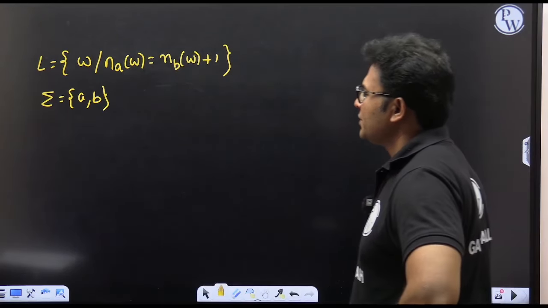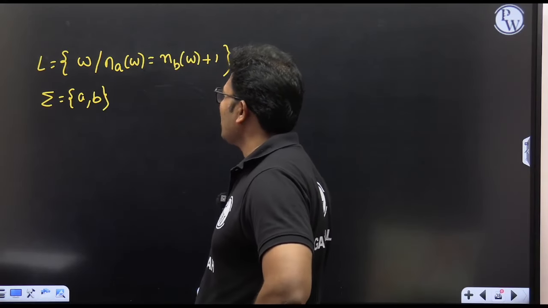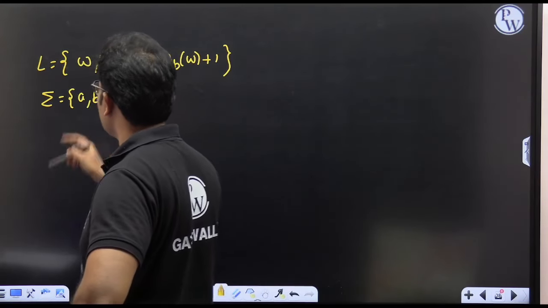L equals W such that the number of A's in W is equal to the number of B's in W plus 1, sigma equals {A, B}.